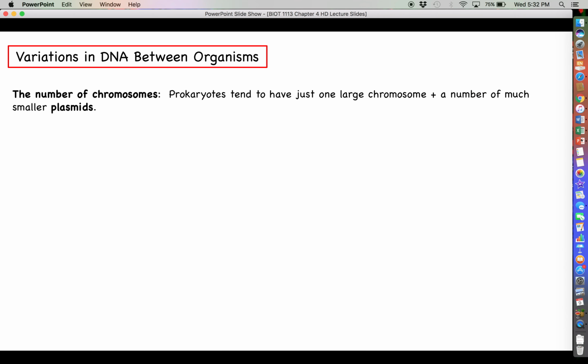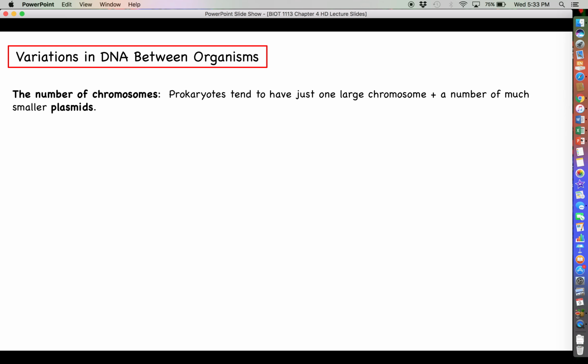Okay, so now that we have a good idea of what the structure of DNA looks like, that's not something that's ever going to really change from organism to organism. So the DNA of humans is going to have all the same physical properties and complementary base pairing rules as the DNA from bacteria. But there are some differences in DNA from organism to organism.